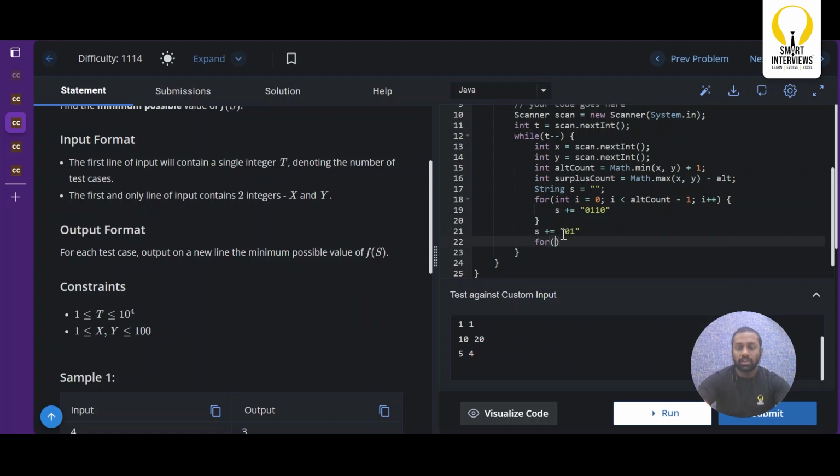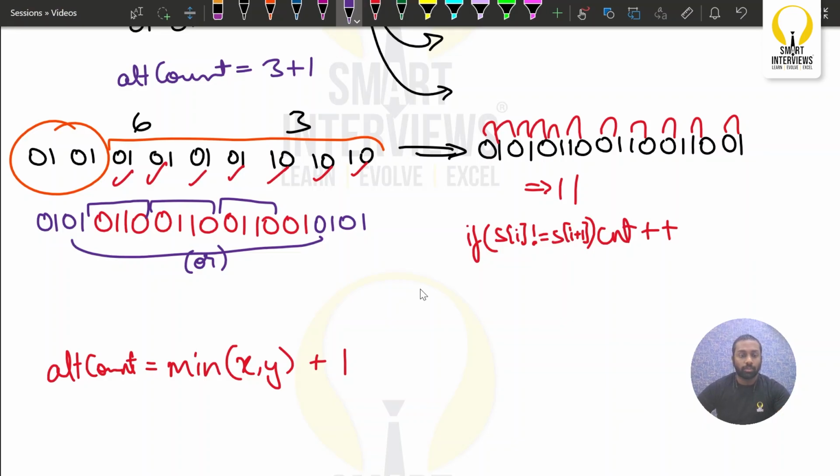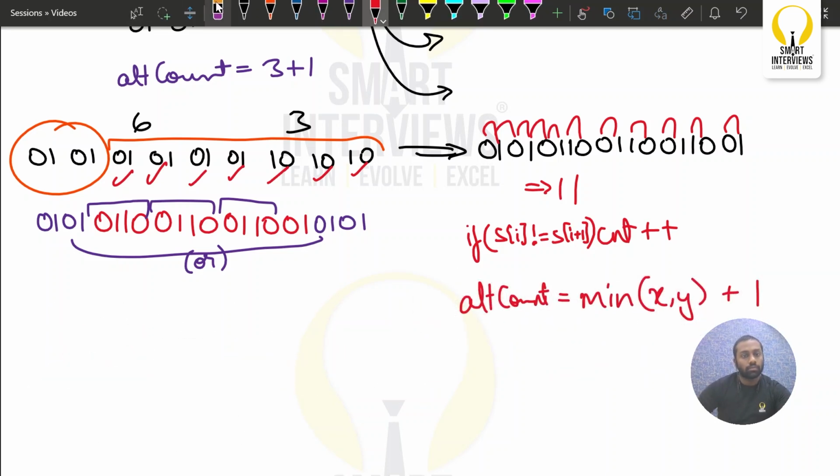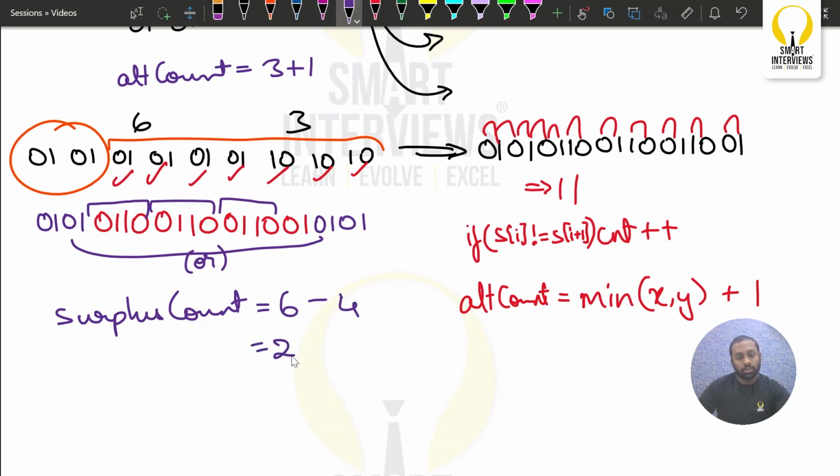Now for the surplus number of times, let's also verify surplus count. Surplus count is math dot max of 6 and 3, that is 6, minus alternating, which is 4, that is nothing but 2.